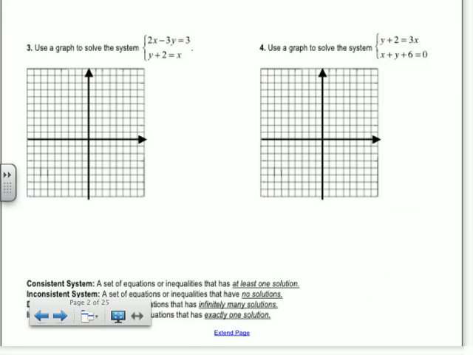All right, so number 3, it says use a graph to solve the system. So we're going to graph both of these equations. The second one is really easy to get in y equals form. It's just y equals x minus 2. But 2x minus 3y equals 3 is a little bit harder. So I'm going to subtract the 2x over.